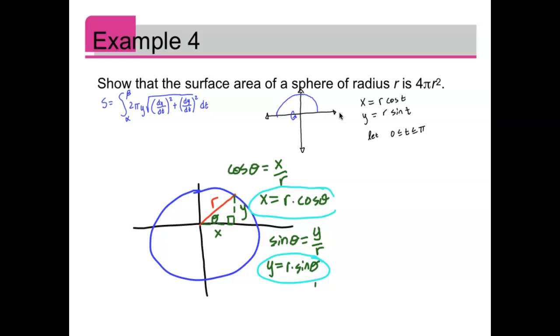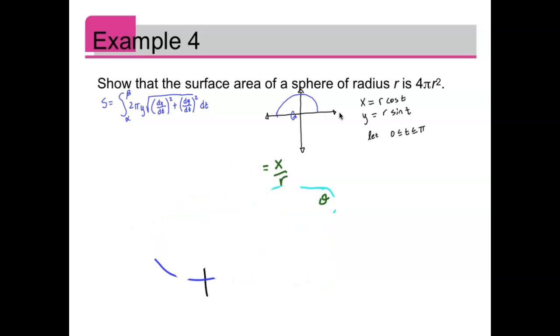All right. And so now we have this half circle formula. We're going to spin the half circle around the x-axis. That's going to create a sphere, and we want to find the surface area of that sphere. So here's our formula for surface area. Let's start plugging some stuff in.